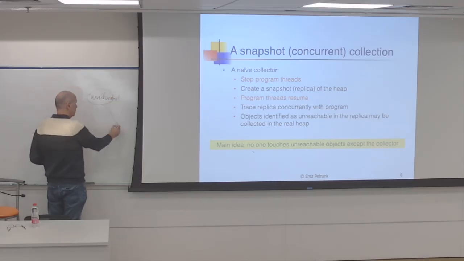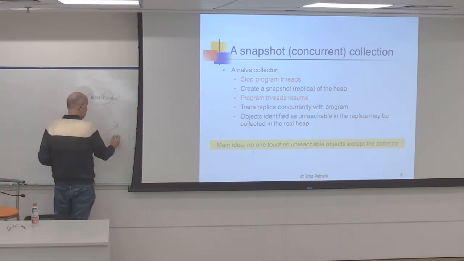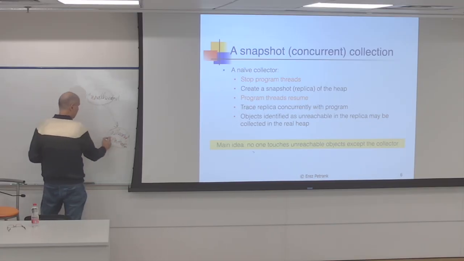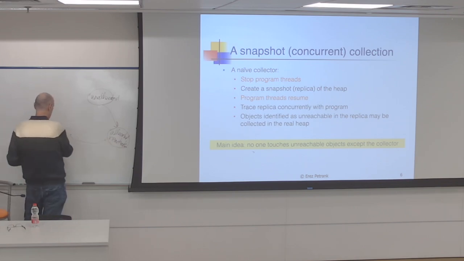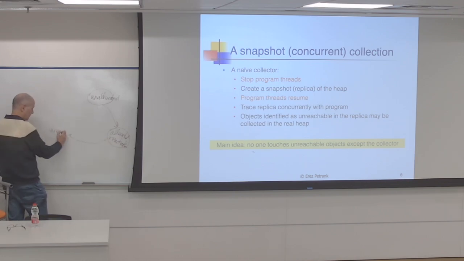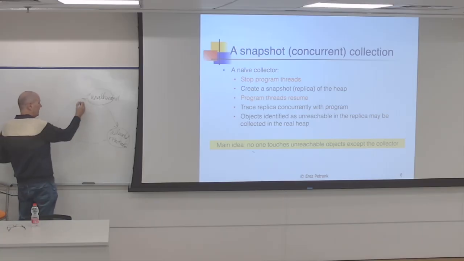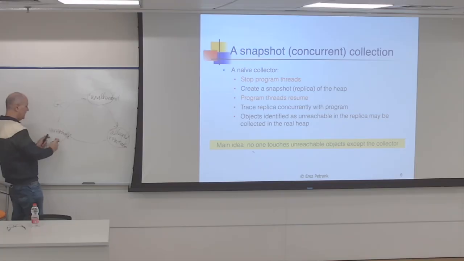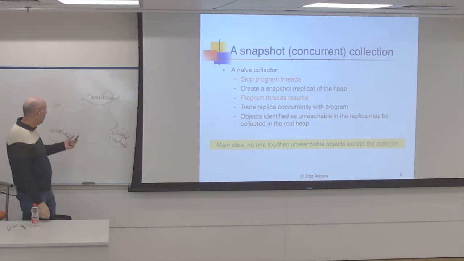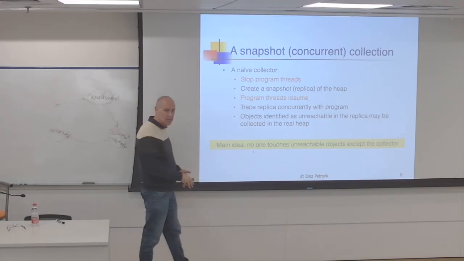First it's unallocated, and then the program allocates it. In the beginning it's reachable, and then it becomes unreachable, which we call dead. Then the GC finds all unreachable objects and brings them to the allocator so the allocator can reallocate them for the program.